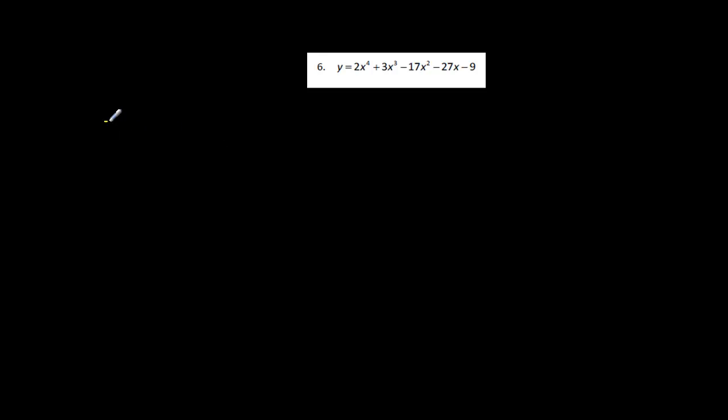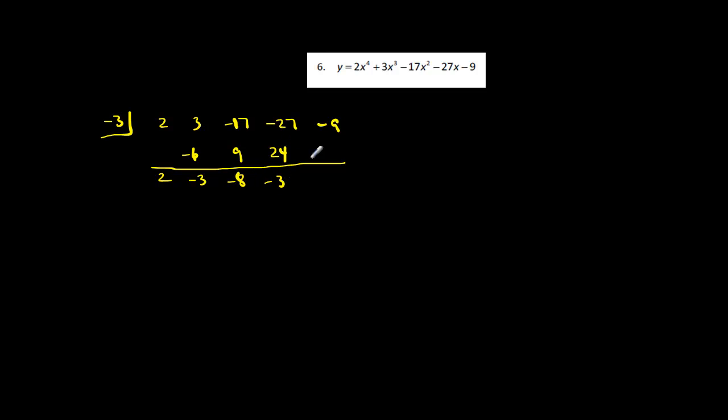So let's try -3 first. So that proves that -3 is a root. The next one was -1. Let's put that into the quotient here.